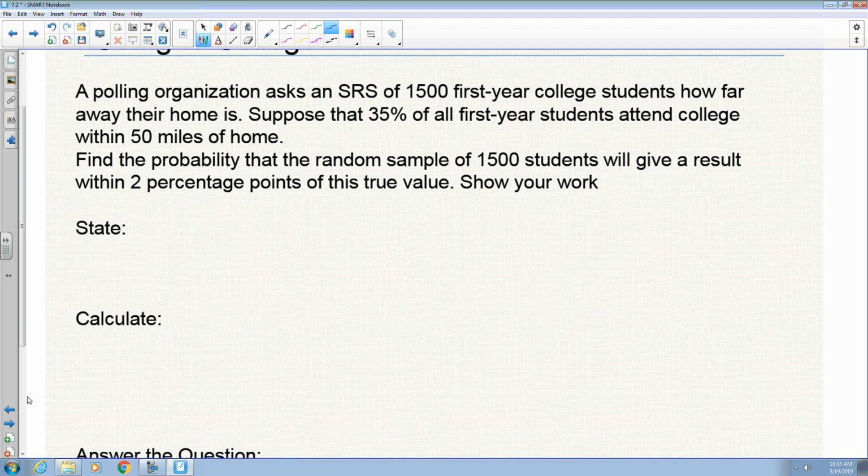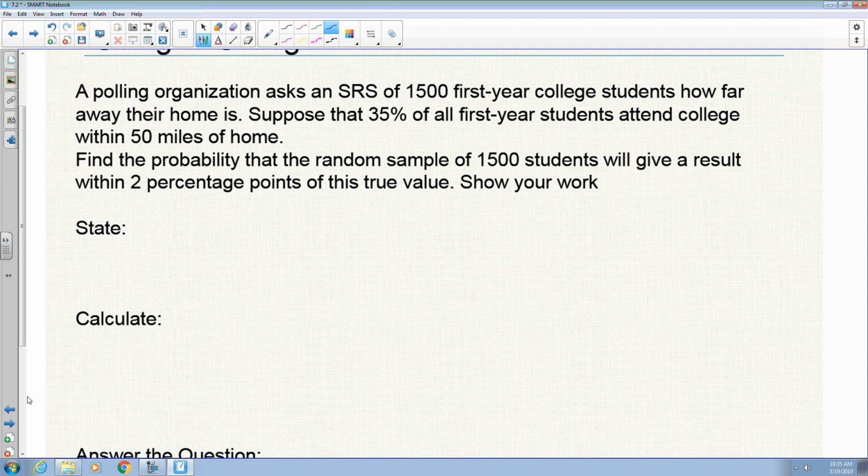Show your work. So, state what we need to find: here is the probability statement we're trying to calculate. Then we need to know the sampling distribution mean and standard deviation to answer this question.